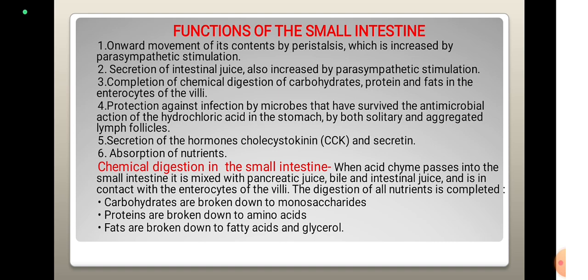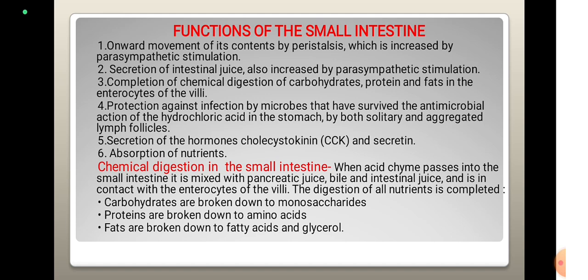Functions of the small intestine. Number one, onward movement of its contents by peristalsis, which is increased by parasympathetic stimulation. Second, secretion of intestinal juice, also increased by parasympathetic stimulation. Third, completion of chemical digestion of carbohydrates, proteins, and fats in the enterocytes of the villi.